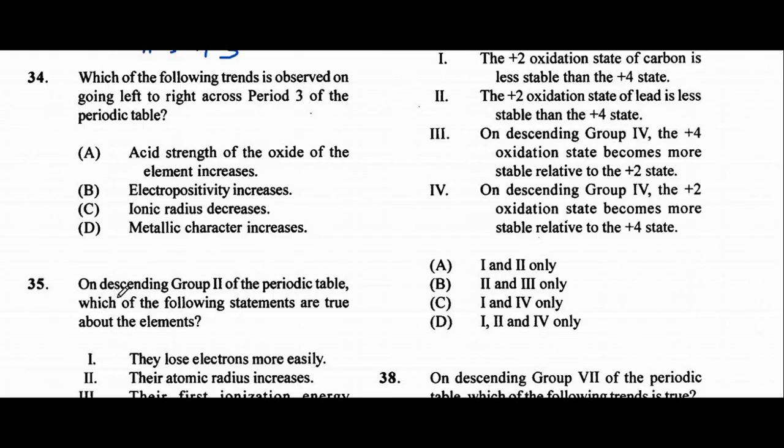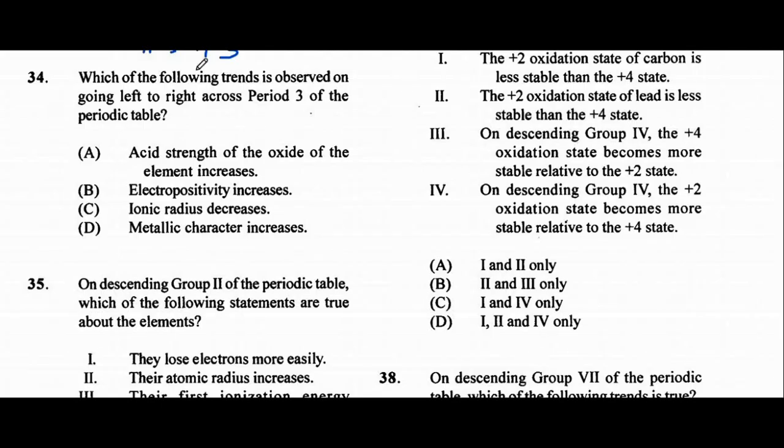Because, alright, you start with ionic characteristics. When you get to aluminum and the metalloids, you have aluminum compounds displaying both, what do we call those again? Basic and acidic properties. That's why you get amphoteric, and then as you progress it gets more acidic. So I know A is true, but let's look at the other answers.